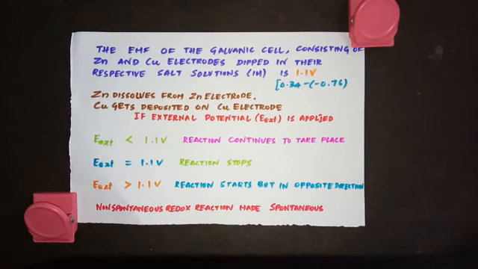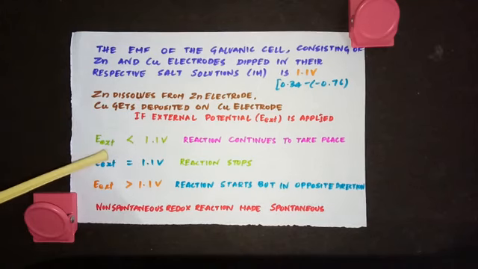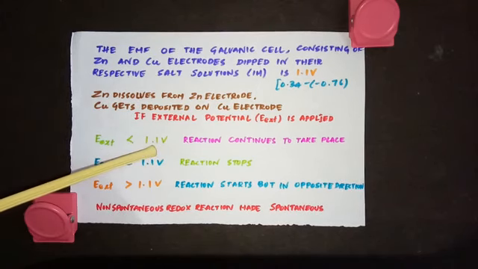From zinc, the electrons are moving to the copper half cell, and the flow of current is from copper to zinc. Zinc is undergoing oxidation and copper ions are undergoing reduction. That continues as long as the external potential is less than 1.1 volt.